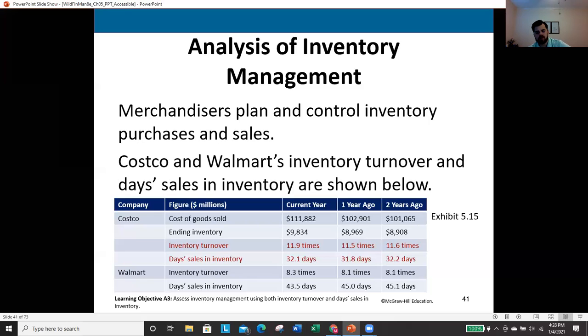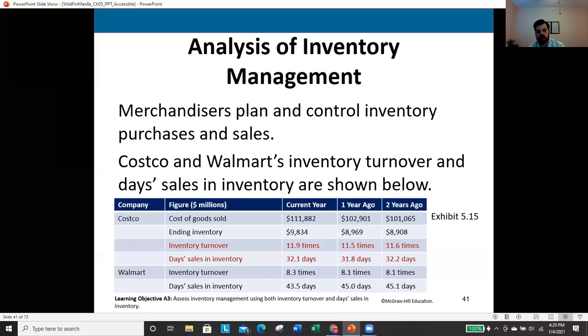Whereas Walmart has a lot of stuff that isn't like that. They've got clothes, some auto parts, some hunting gear. They've got all kinds of stuff that you might not be able to find in a Costco that may not turn over as quickly. So it may make sense that Walmart's inventory turnover is slightly lower because they're involved in a lot more than just regular groceries.